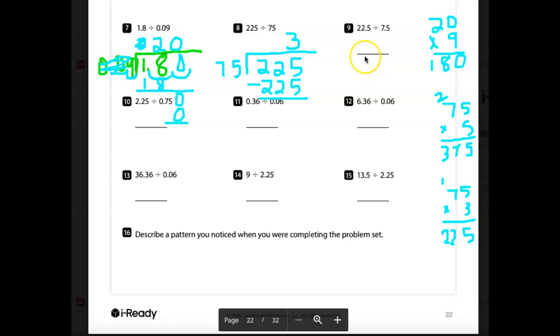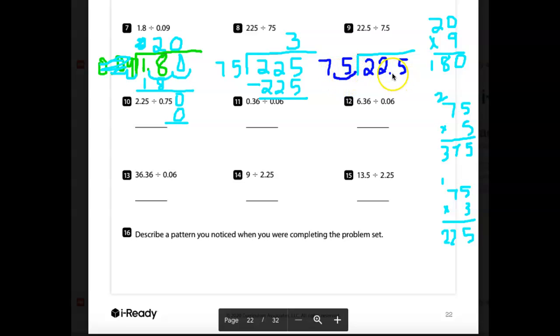All right? All right, now let's see how our answer is different when we have some decimals there. Okay, I'm going to change the color because of not wanting to run into this over here. So we have 22.5 divided by 7.5. All right, so look at this. We have to move our decimal point. 7.5, we have to move this decimal point to the end.